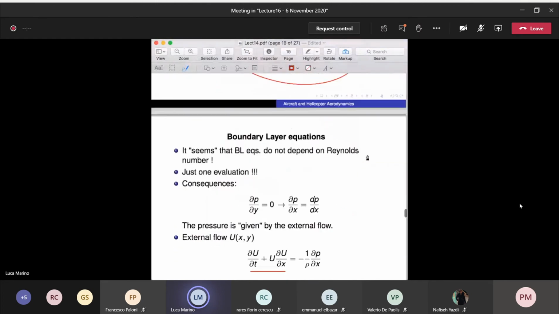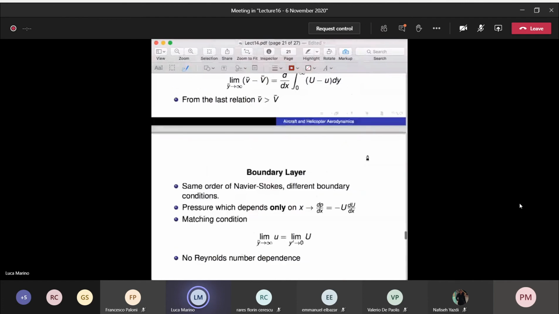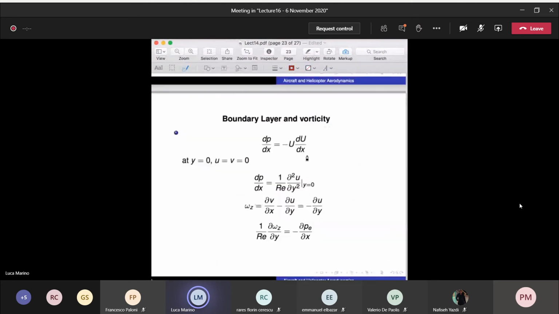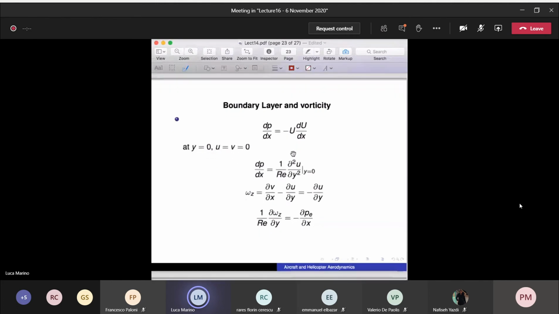Now we go to the last 2 points, vorticity. If we have an external flow which is irrotational, a potential flow without vorticity, the presence of a boundary layer will introduce vorticity. This is immediately possible to evaluate if you look at a small element close to the surface.